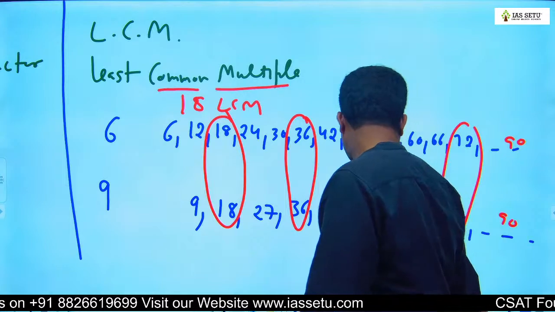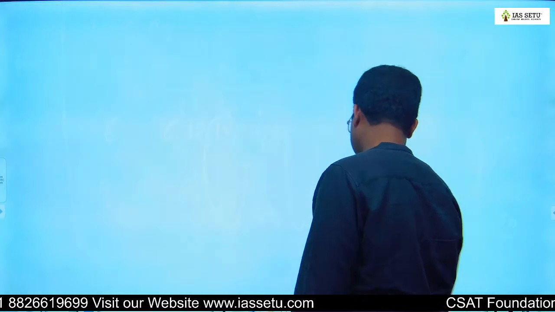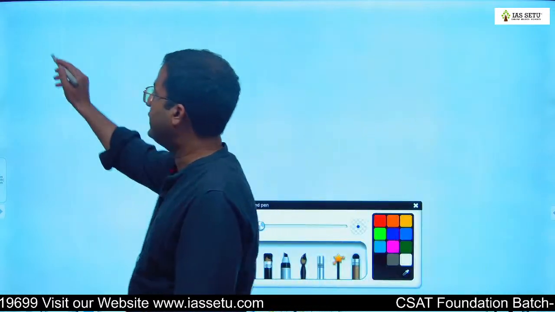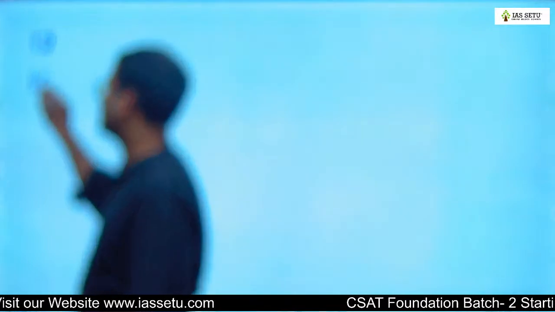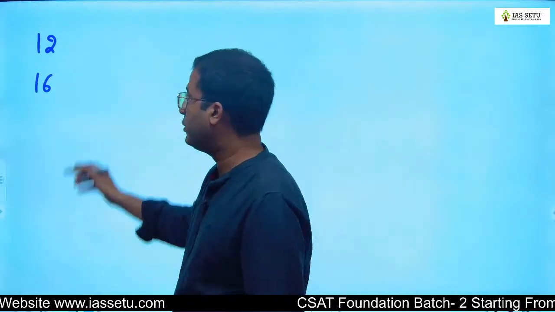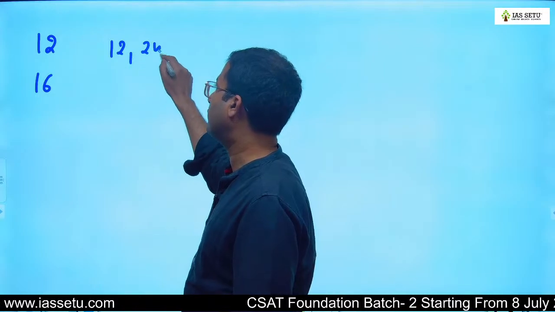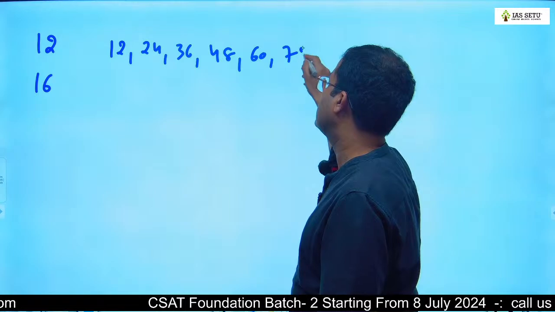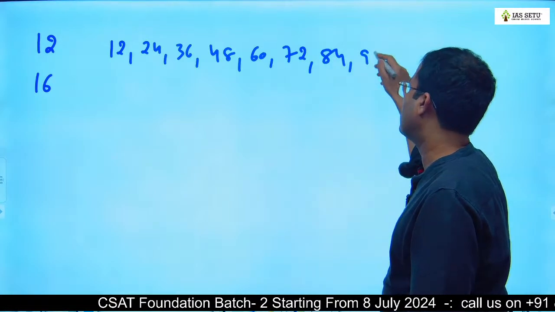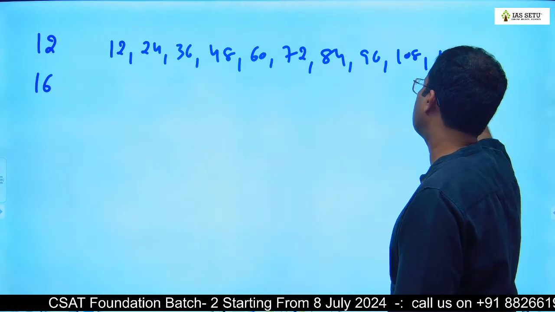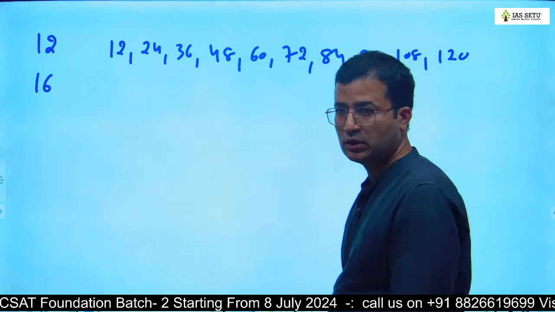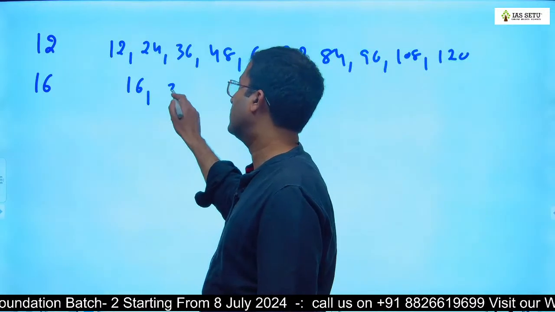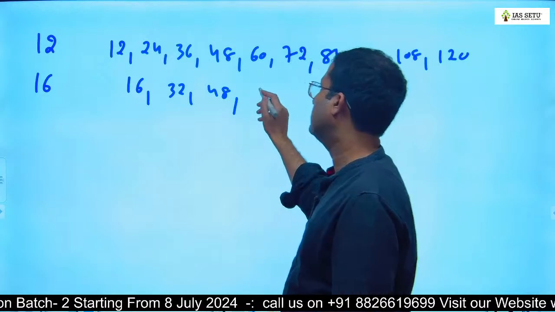I take one more example. Like I take 12 and 60. What are the multiples of 12? 12, 24, 36, 48, 60, 72, 84, 96. Multiples of 60: 60, 120, and so on.